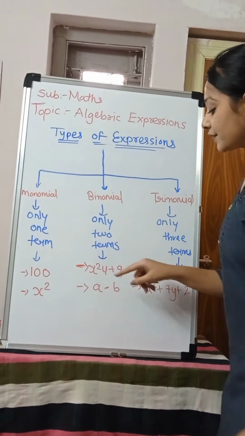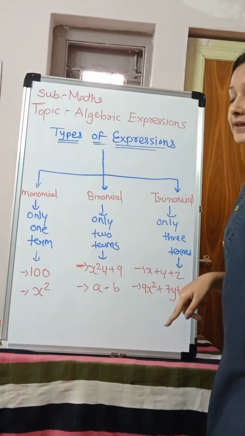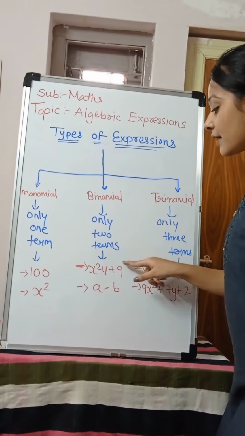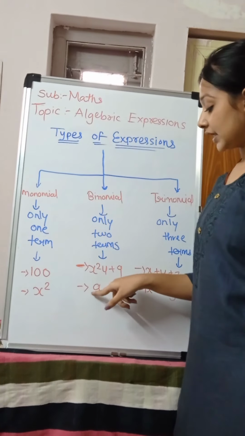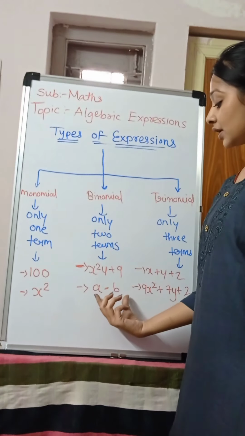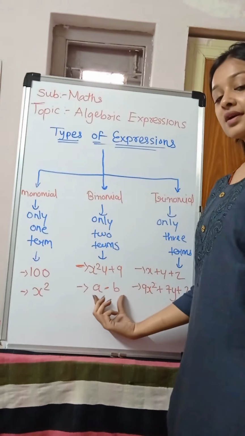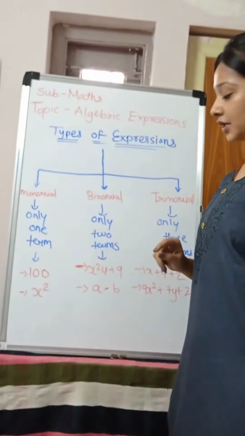In this example x square y is the first term and 9 is our second term. So this is an example of a binomial. Secondly a minus b. a is our first term and minus b is our second term. This expression contains two terms, that's why we call it a binomial.